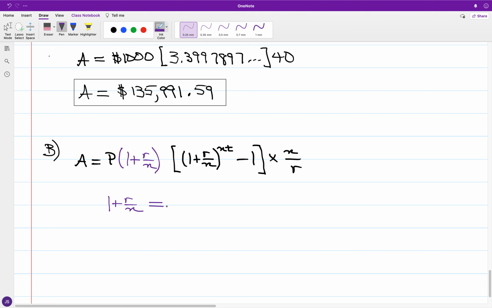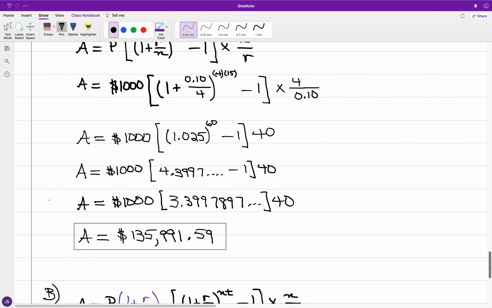So repeating, 1 plus 1/10 divided by 4, you have 1.025. So between the maximum and the minimum, you have that 2.5% difference.